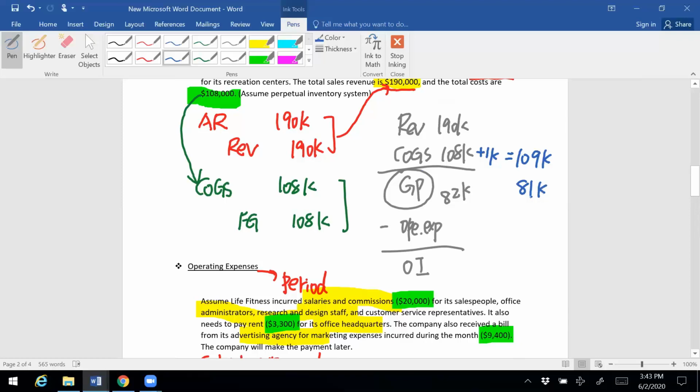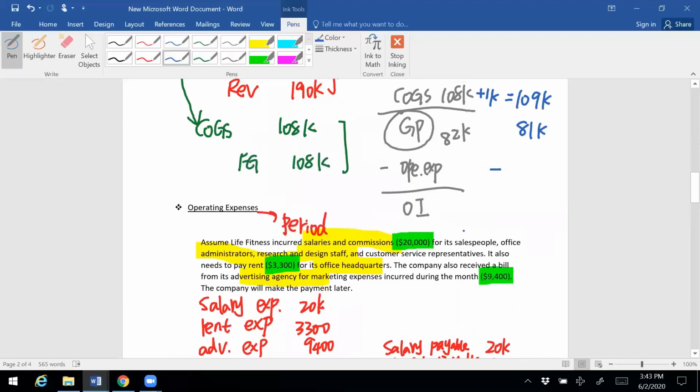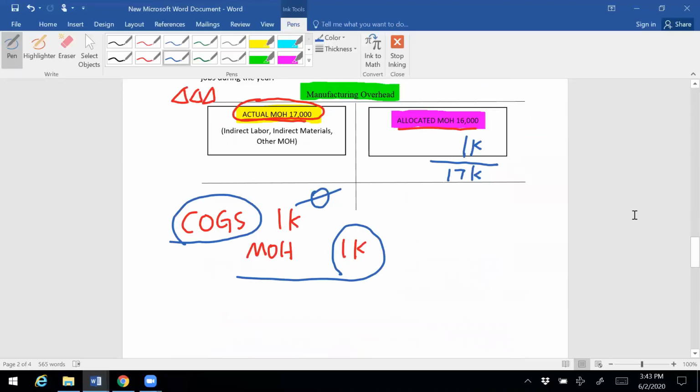And our operating expenses, remember we have all these 1, 2, 3. You add all this together, it's 32,700. You get your operating income is 48,300. So now you get your income statement.